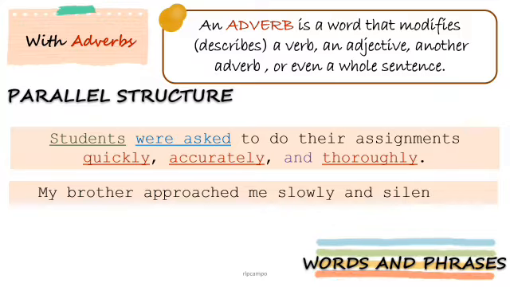Another example: my brother approached me slowly and silently. This sentence is also parallel because slowly and silently are adverbs being connected by and.